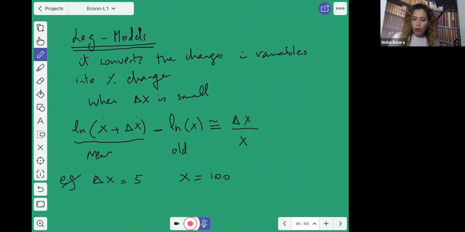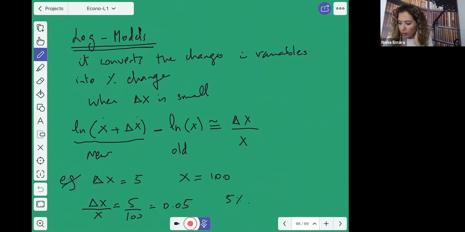If I ask you a question without knowing any econometrics, what is the percentage change in x? All you need to do is take 5 over 100 and multiply it times 100, right? So the change in x over x is 5 over 100, which is equal to 0.05, and you have it in your mind, okay, it's 5%. So if I multiply it times 100, the change in x is 5%.